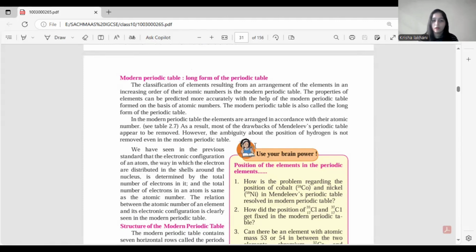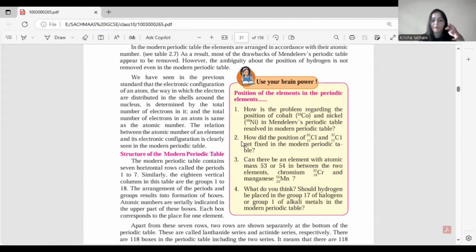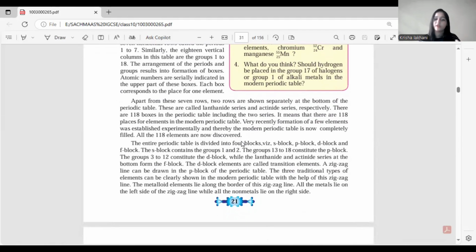Periodic table, the long form of the periodic table is given, the structure of the periodic table, which I've already explained to you. One more thing that I wanted to explain. I have already explained it in the bonus chapter, but I'm giving it to you once again because it is there. Group 1, 2 comes in the S block.